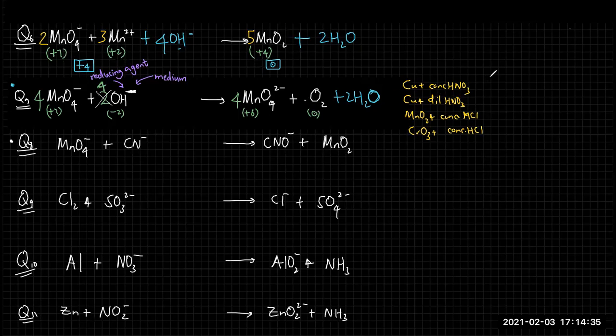So if you go back and study these examples, you will understand this even more. Not only copper plus HNO3, you can also say magnesium plus concentrated HNO3. Both the reactions are more or less the same. Likewise. All right, fine. So these also were balanced in the same way.